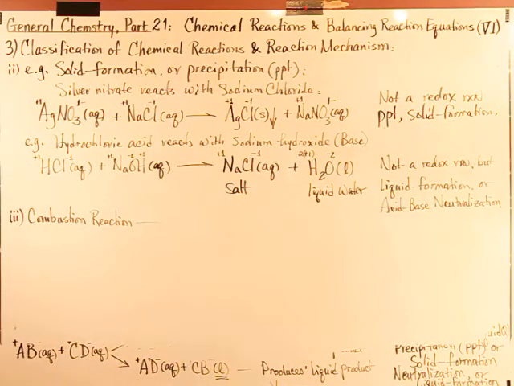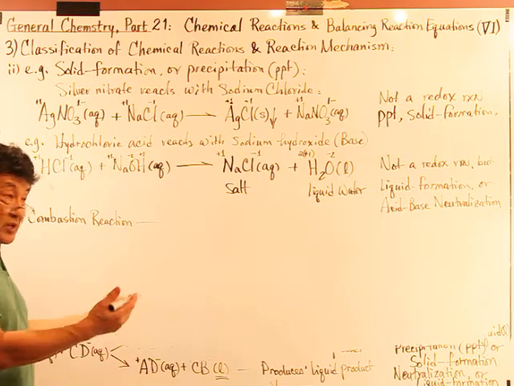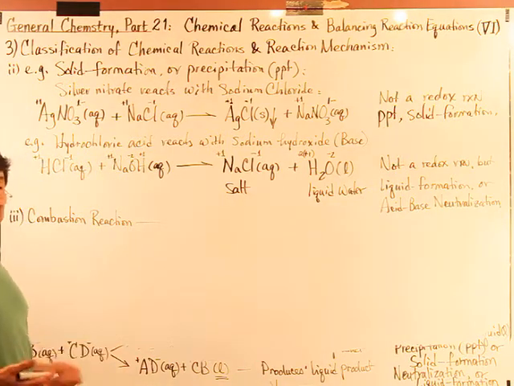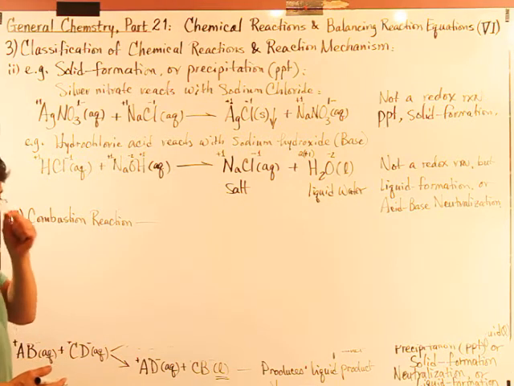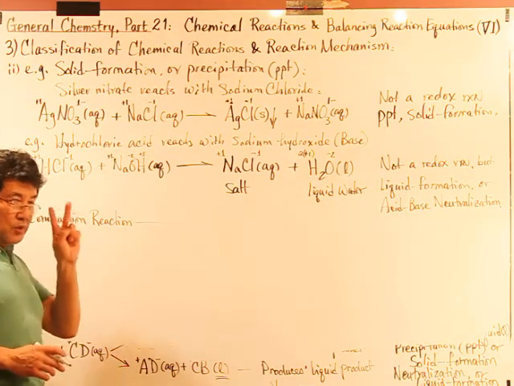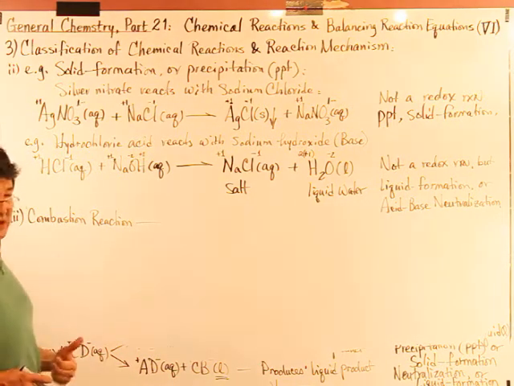Most of the time, it's defined as an organic compound as a fuel burned in the air, which contains 21% oxygen by volume, and then producing typically two products. One is carbon dioxide, the other one is water vapor.